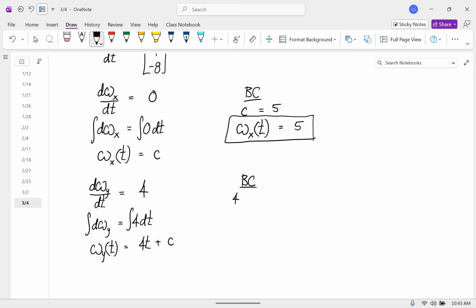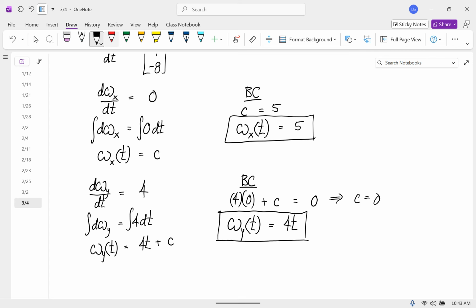So we have 4 times 0 plus c is equal to 0. So c is equal to 0. And so omega y component as a function of time is equal to 4t. Everyone with me on what I'm doing here?